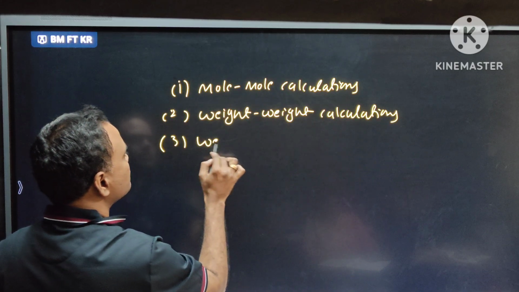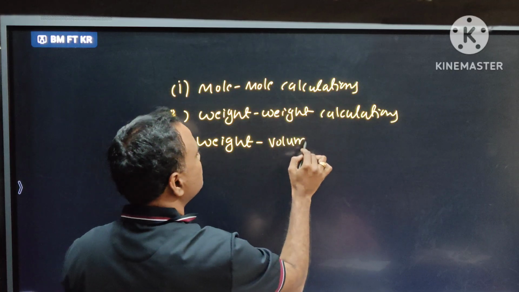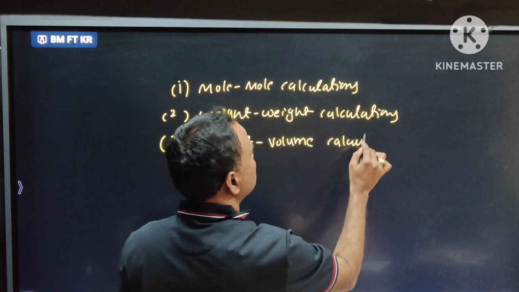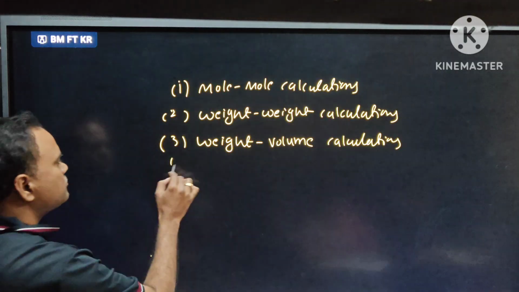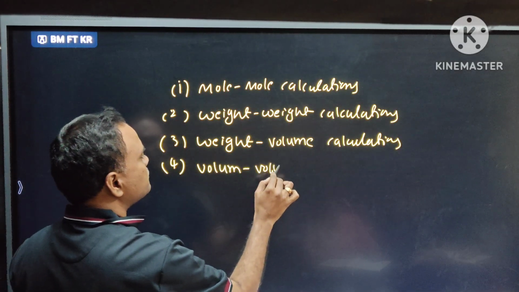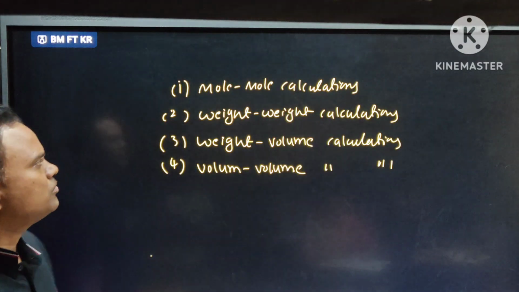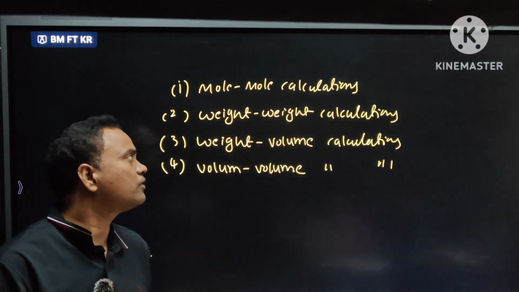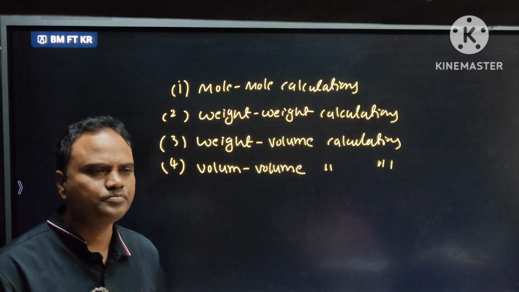Third, weight-volume calculations. And volume: if you know the above three, then volume is very easy, you need not discuss it separately. Mole calculations, weight calculations, weight-volume calculations, and volume calculations.